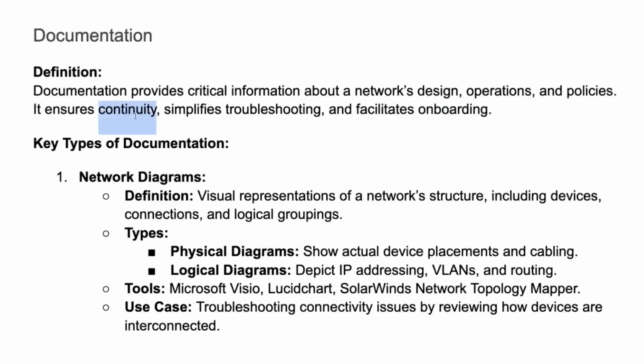The continuity portion is that when somebody passes on their responsibilities to a new person, as person A gets promoted, person B is also getting promoted from a lower role, and they're coming to fill person A's previous role. It ensures continuity so that the new person stepping in takes care of the responsibilities of that role in the same manner, and they just pick up where the other person left off. And then simplifying troubleshooting is kind of an easy thing to understand.